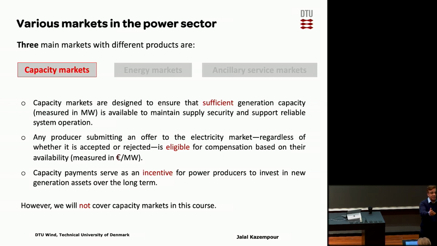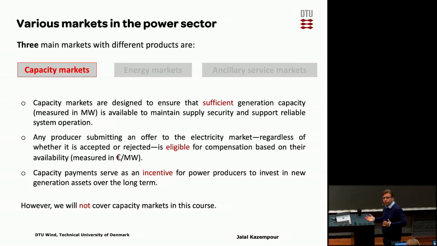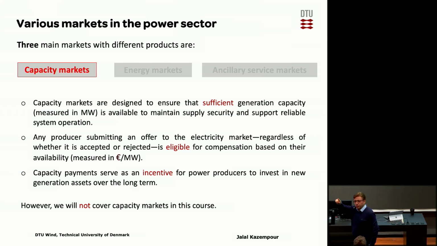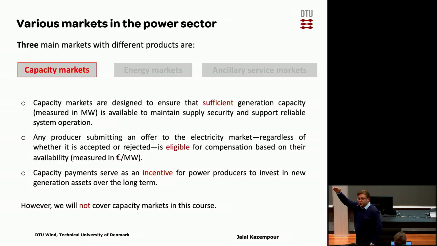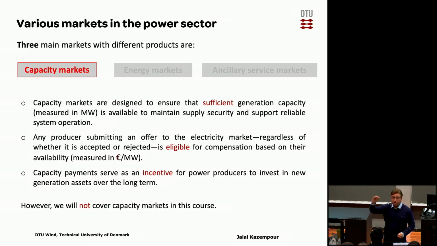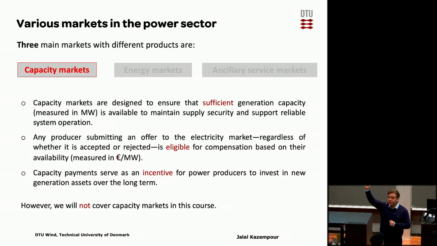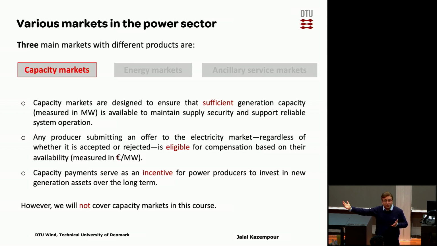So it means that, for example, imagine you are a gas-fired power plant and very expensive. Remember last lecture we checked the Nord Pool website for aggregated demand and supply. On the supply side, there were some generators offering at very, very high prices. And you can imagine most of the times their offer was not accepted in the market, right?